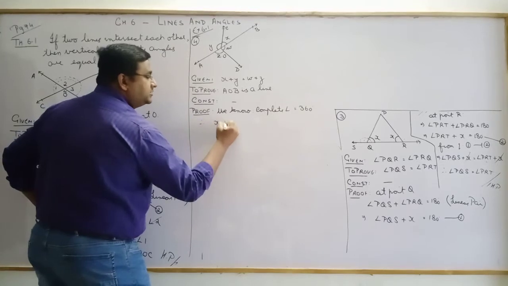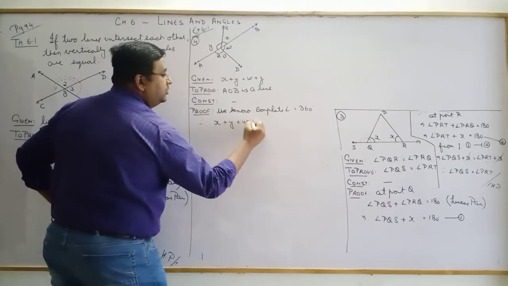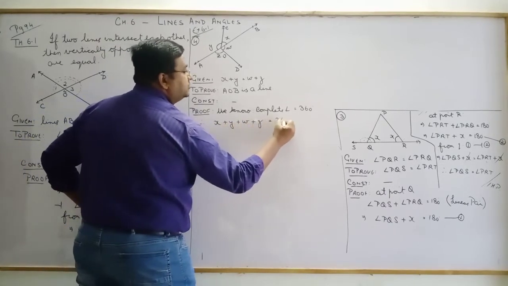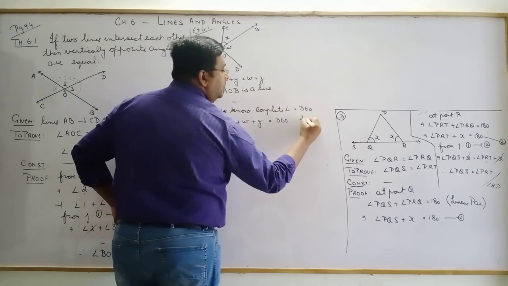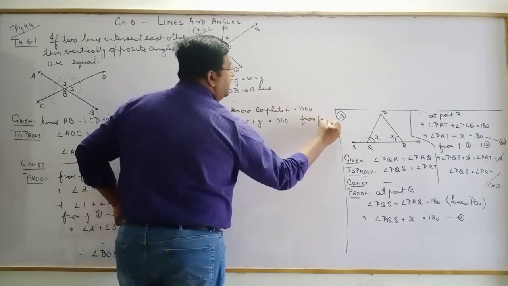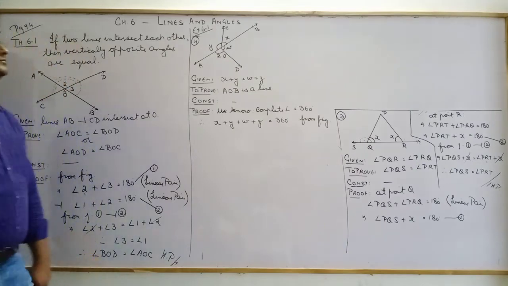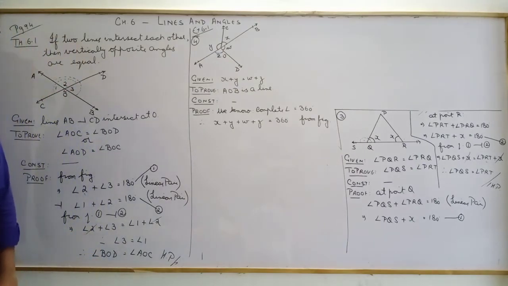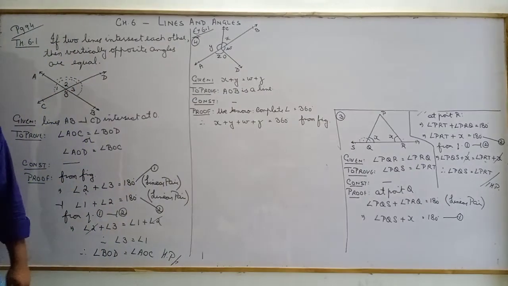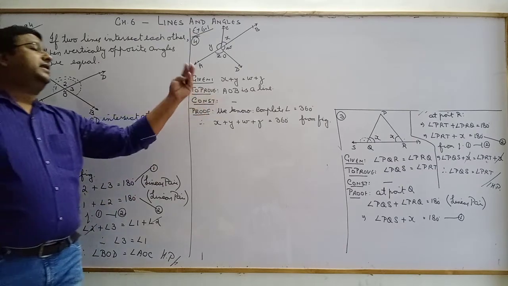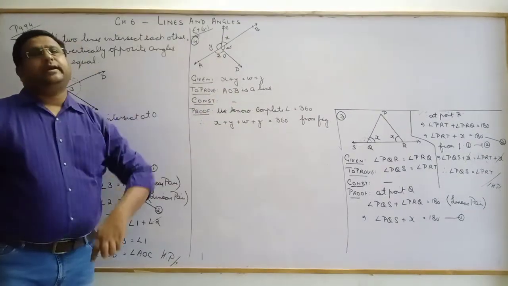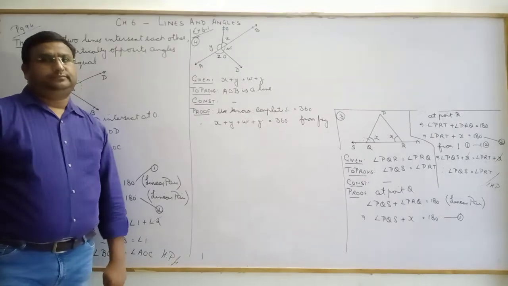So therefore, x plus y plus w plus z is equal to 360. From the figure. Nothing new. The complete angle and reflex angle, all of them you have studied in class 5, 6, 7.